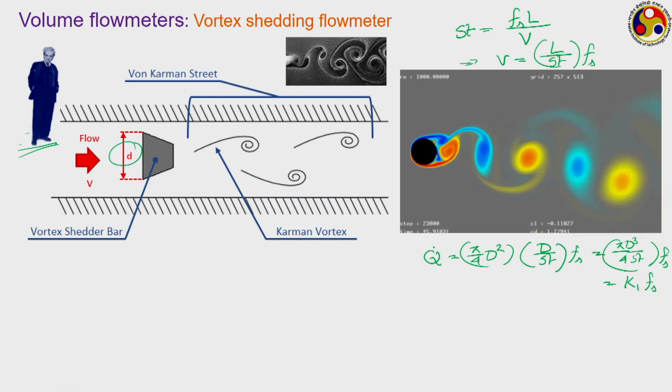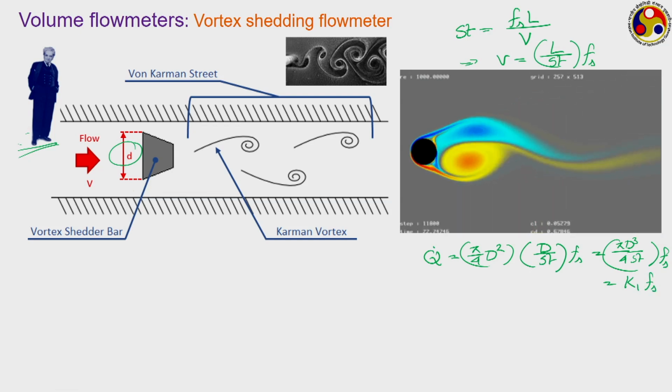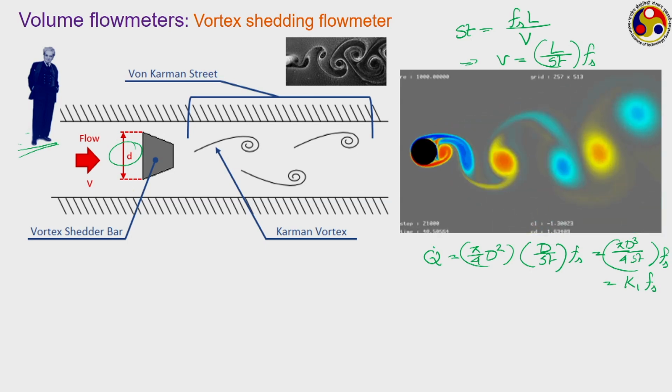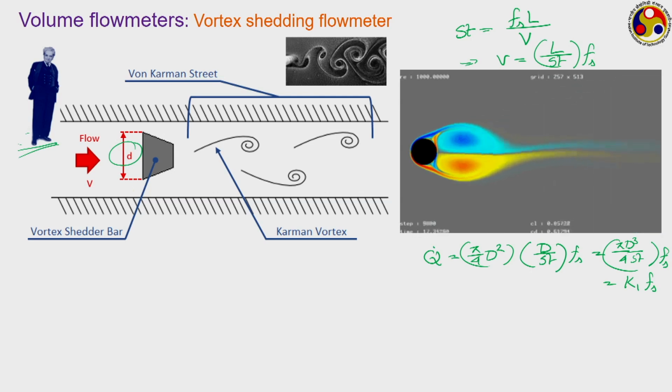So, this K1, generally for a given range of Reynolds number with a constant value of Strouhal number, is known, and so just from the measurement of this frequency we can get a measurement of the flow rate.